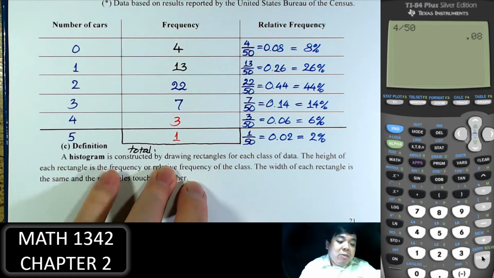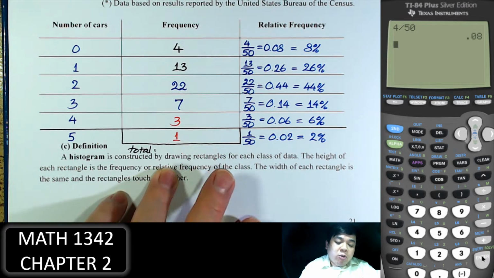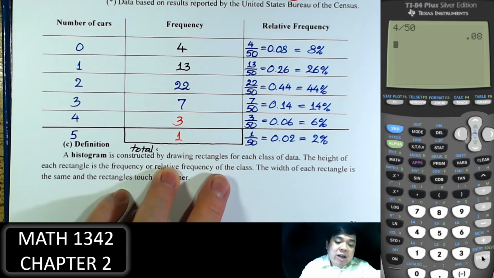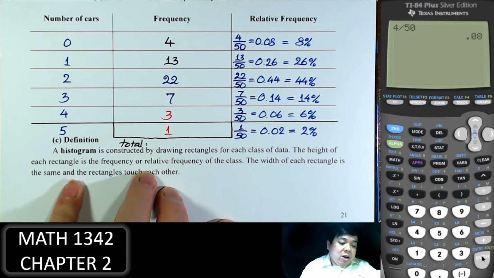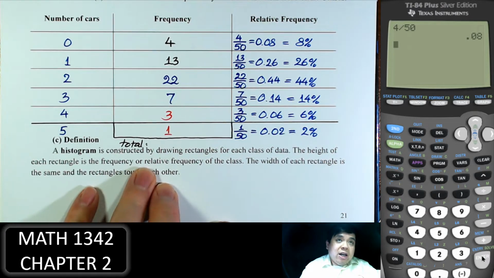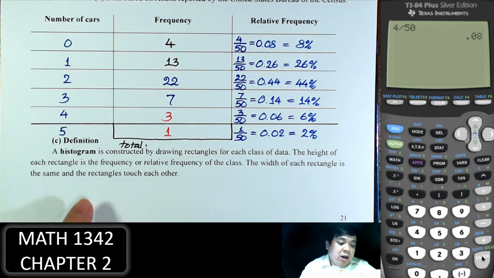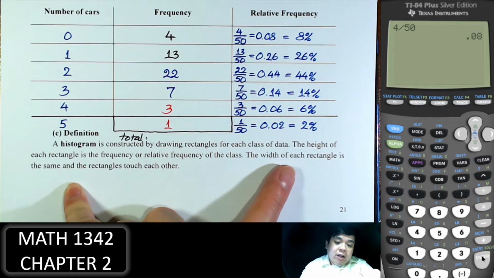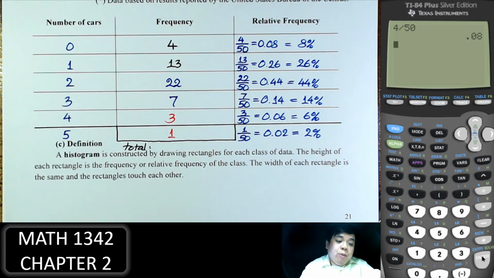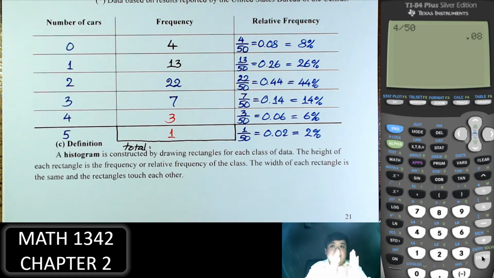A histogram is constructed by drawing rectangles for each class of data. The height of each rectangle is the frequency or the relative frequency, either of those two, and the width of each rectangle will be the same. The rectangles touch each other, so there will be no spaces between the bars.